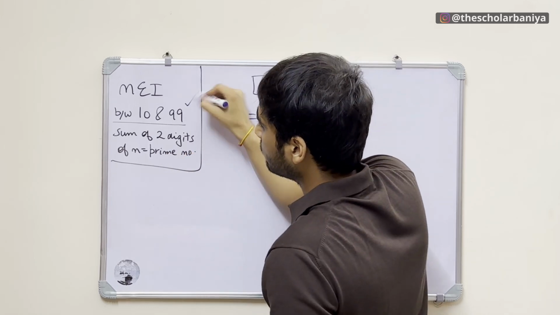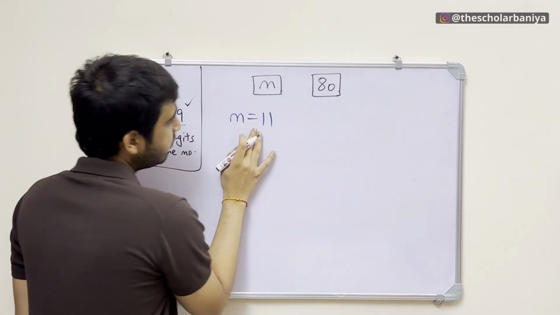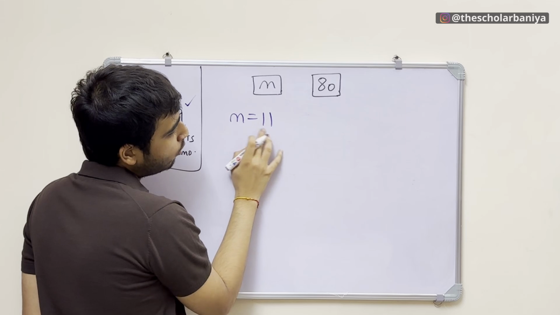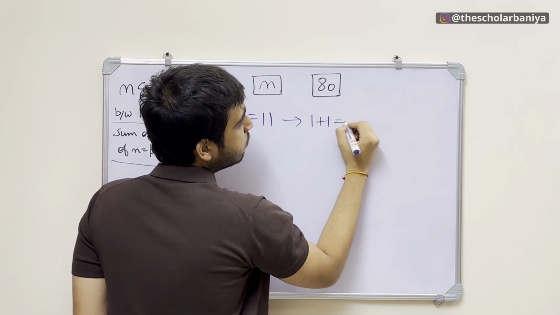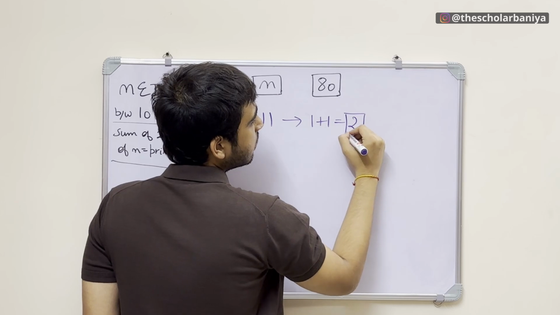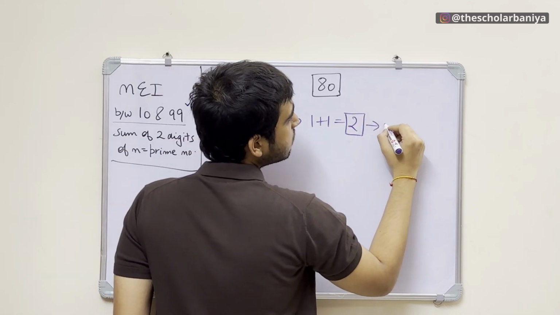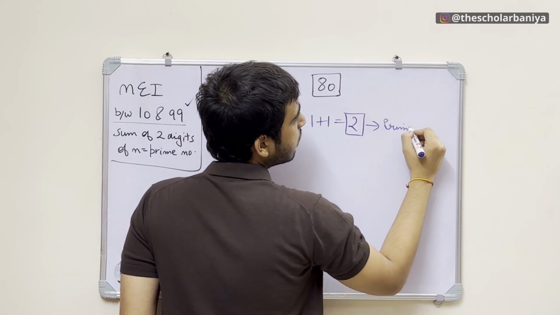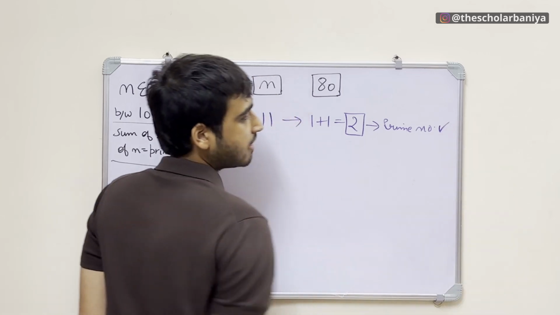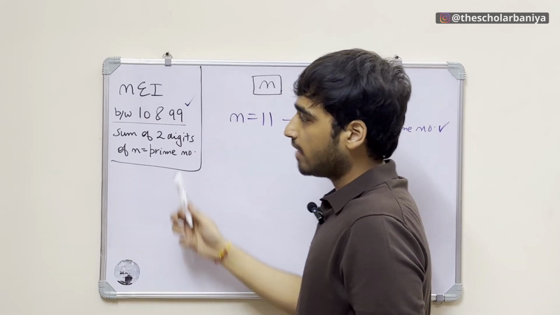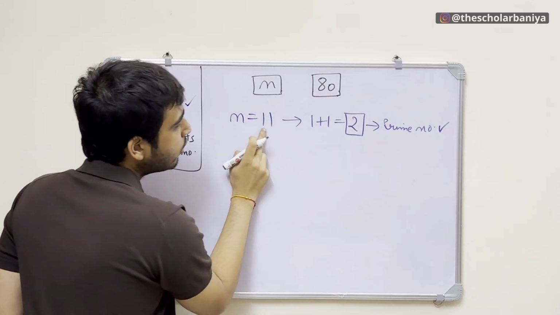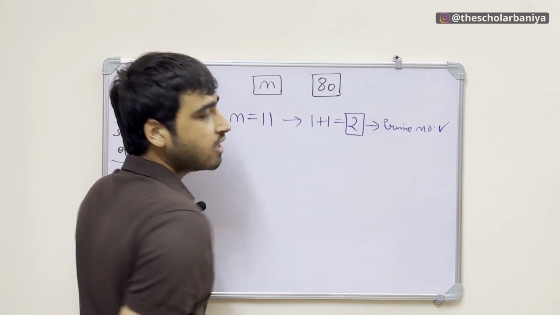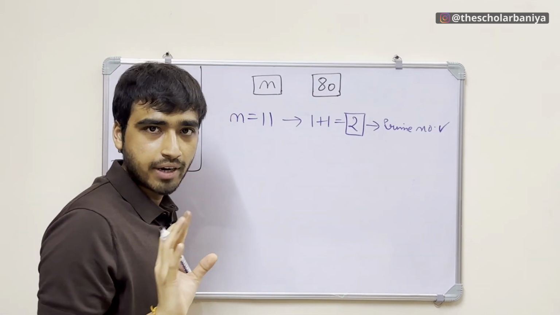Now if we take the sum of both the digits, that will be 1 plus 1, which is equal to 2, and 2 is a prime number. So even this condition is satisfied. The sum of two digits of n should be a prime number, which is absolutely fine.